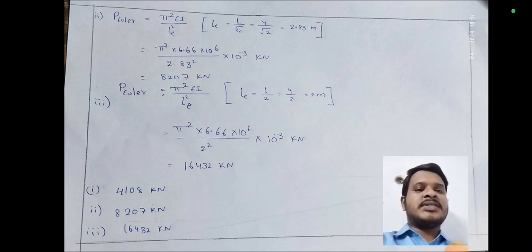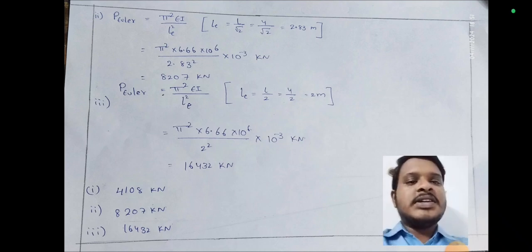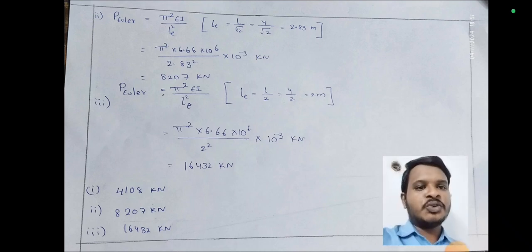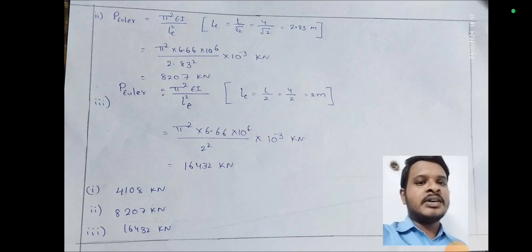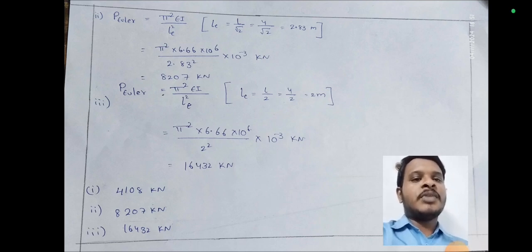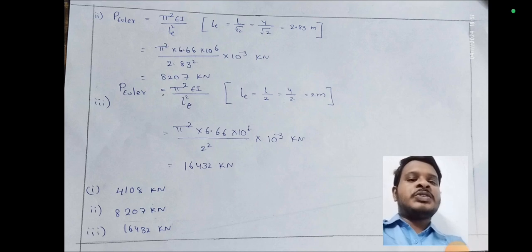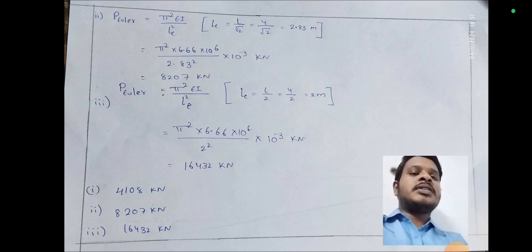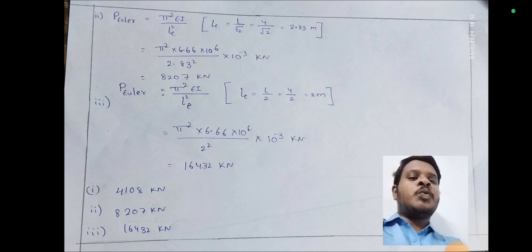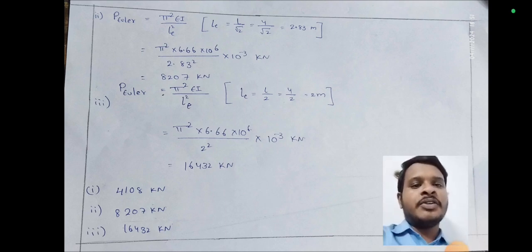The answer is 8207 kilonewton. I did this on the Casio. We have to check the answer by substituting in the formula, and we get the correct answer, not the approximation. The value is 8207.66 or .68, and we approximate it as 8207 kilonewton.